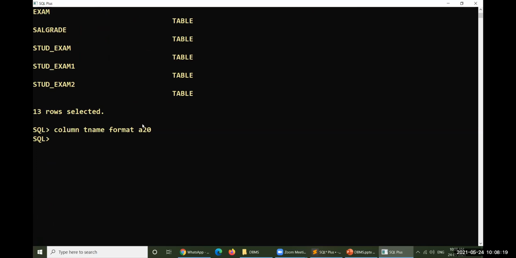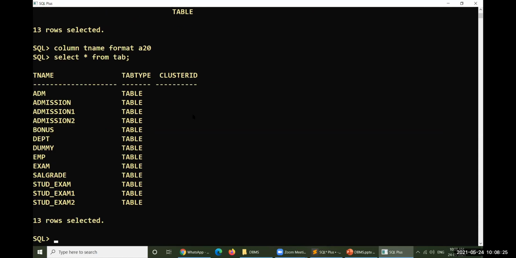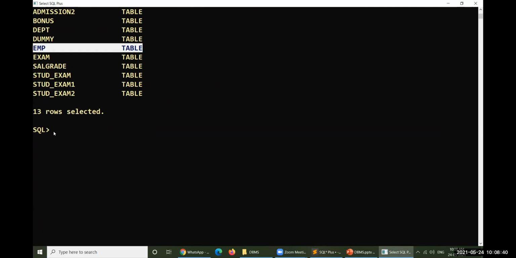All these where clauses will be taken by us using one particular table, because the table is very useful to learn SQL basic operations. That particular table is the employee EMP table. The EMP table is very much important. Let me select some data here. Select everything.